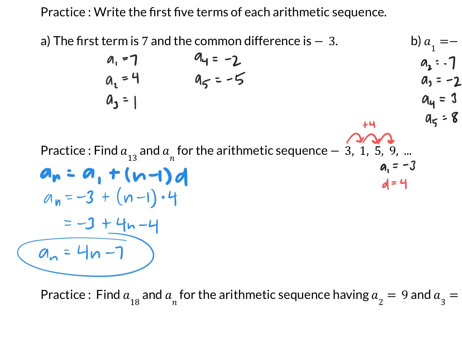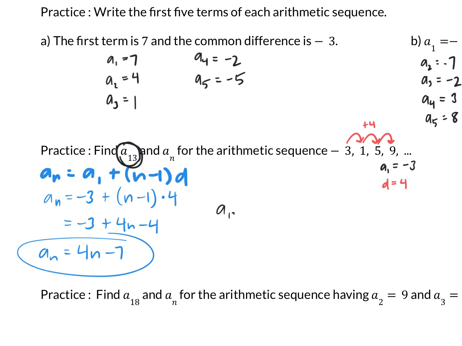So that means if I want to figure out whatever term in my sequence, I could plug in 55 and find out the 55th term in the sequence by taking 4 times 55 minus 7. If I specifically want to find a 13, what am I going to plug in for n? 13.